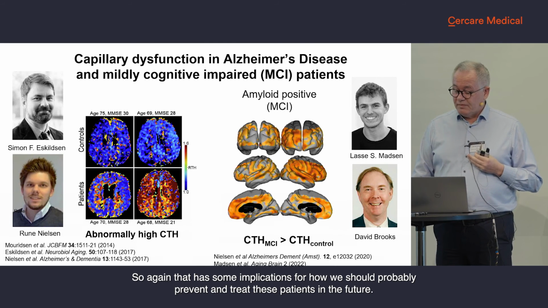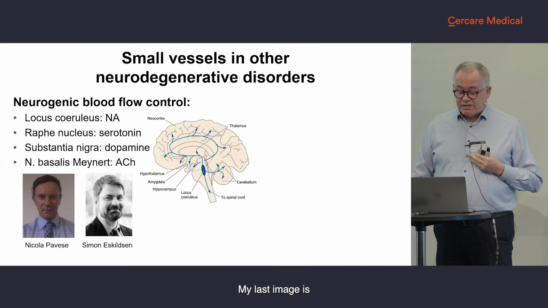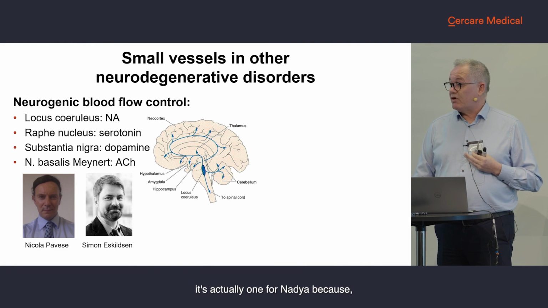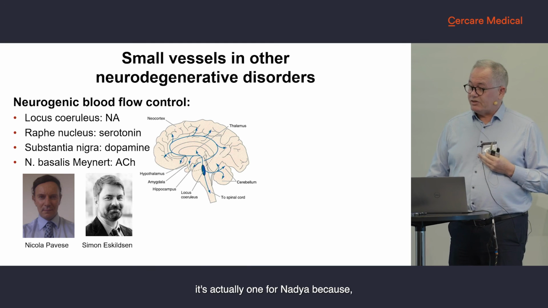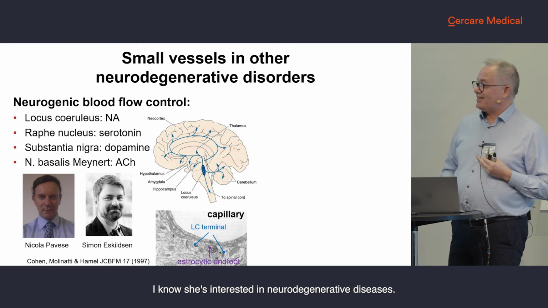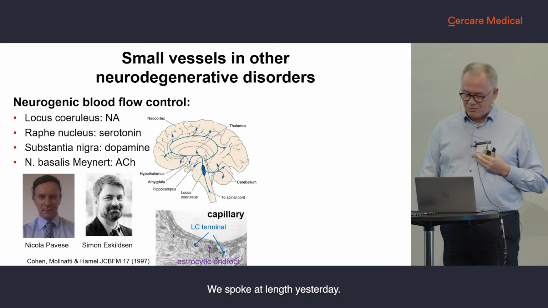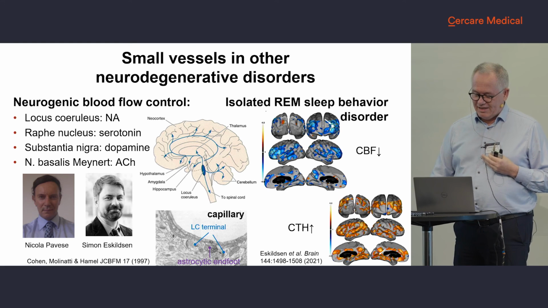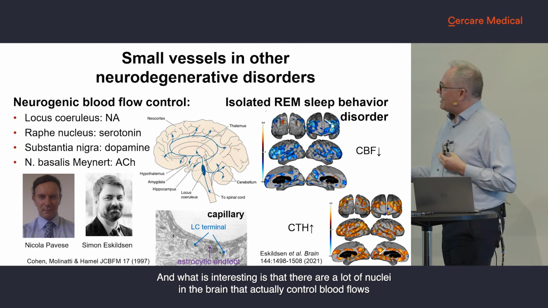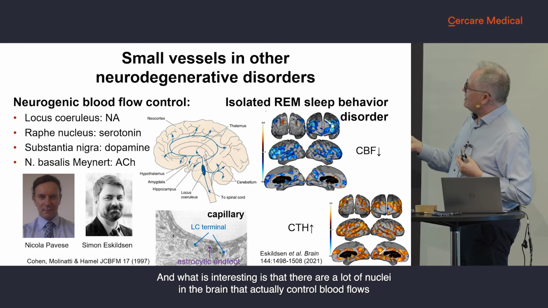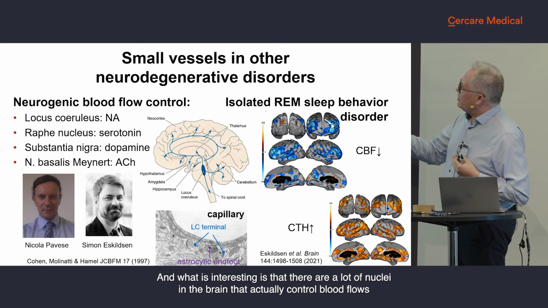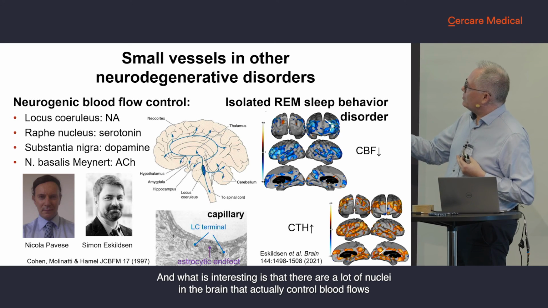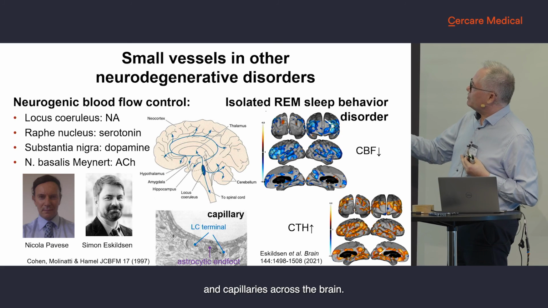My last image is actually one for Nadia, because I know she's interested in neurodegenerative diseases. We spoke at length yesterday. What is interesting is that there are a lot of nuclei in the brain that actually control blood flow in capillaries across the brain.